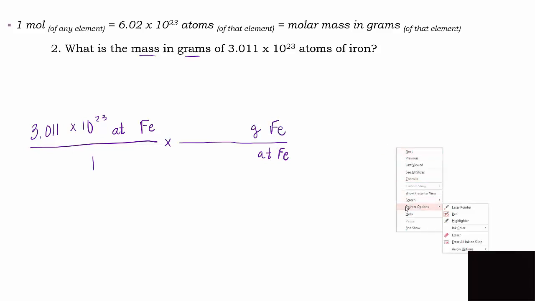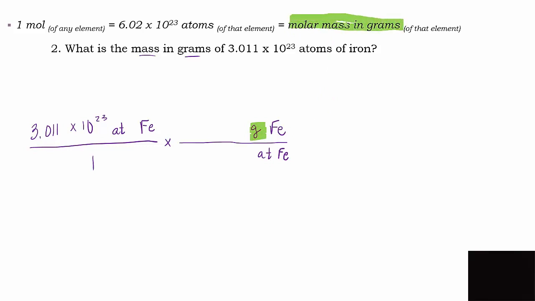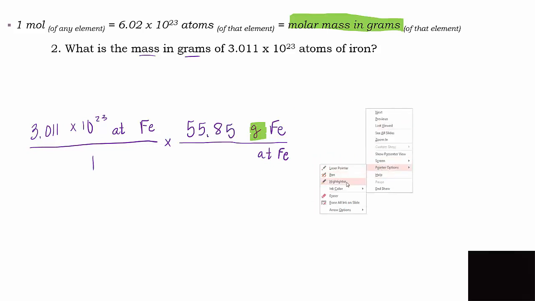All right. Super important here. We are going to talk about what numbers do we put in front of the units. Well, grams, the number that we put in front of it is the molar mass from the periodic table. Grams gets the molar mass from the periodic table. So for iron in the last problem, we saw that that was 55.85. Awesome.